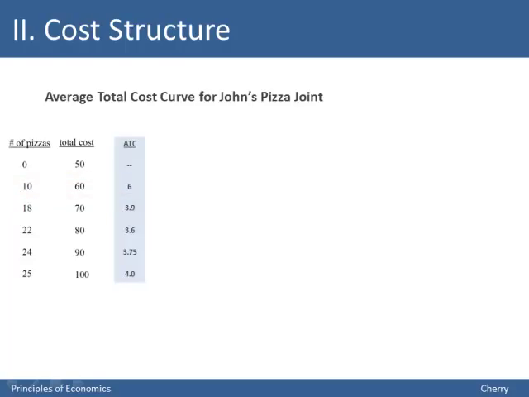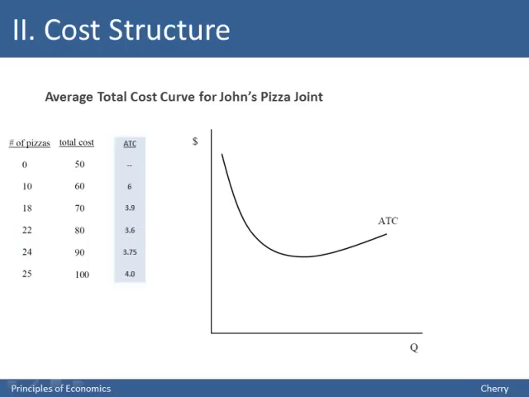And if you have output of 22 and your total cost is 80, 80 over 22 is 3.6. So you have an average total cost for each production level. And what you end up with is a curve that looks something like this. Average total cost goes down to a minimum point, and then it starts to increase.